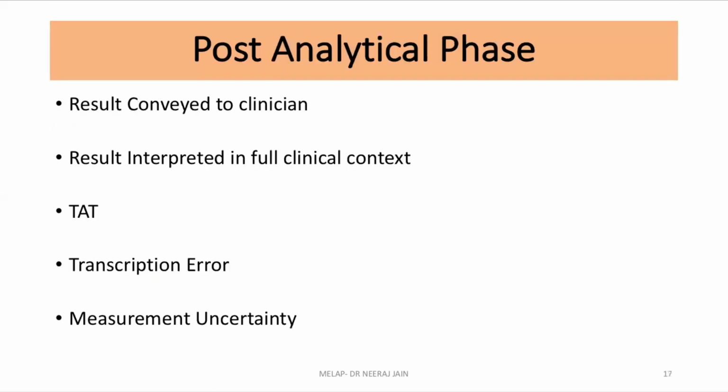in the post-analytical phase, how is the result conveyed to the clinician? You are informing the resident. Suppose the resident is not picking up the phone, you shall have some system of escalation. You are responding at some higher level. These results shall be interpreted in full clinical context.